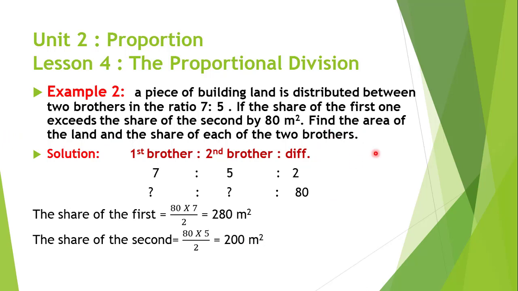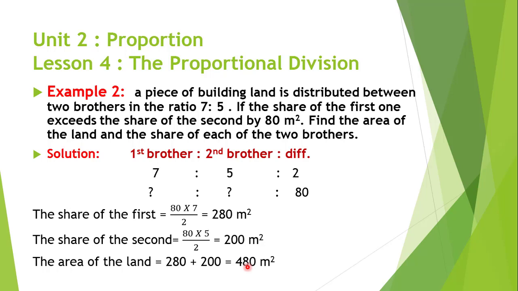So I want the total area also of the land. The total area, it means I want to add the two areas here. So, 280 plus 200 equals 480 meters squared. Now, I calculated the share of each of them and the total area of the land. And this is the required here.